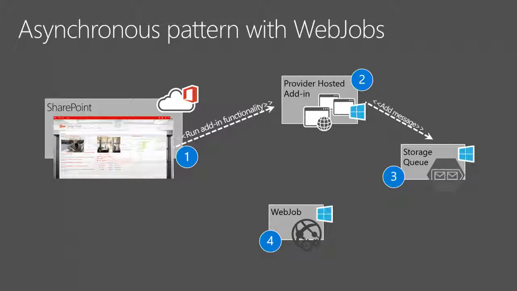So let's say I'm asking it to provision a site collection, right? It drops it in a storage queue in Azure. The storage queue runs a web job. The web job actually has the logic that's needed to call into SharePoint. And so you can do really high throughput operations that are maybe burstable, but then let the storage queue and the web job take care of doing that asynchronously after the fact.